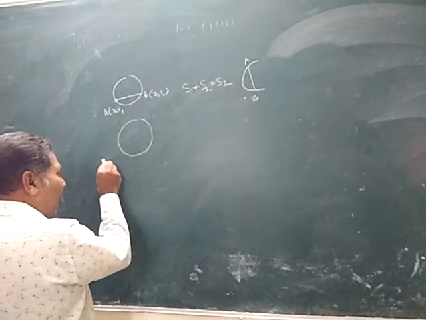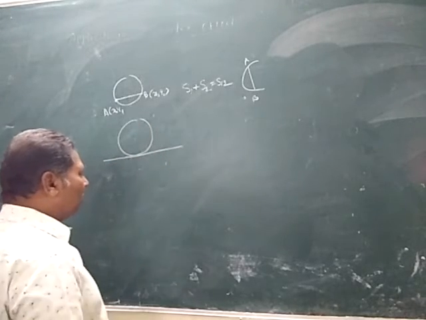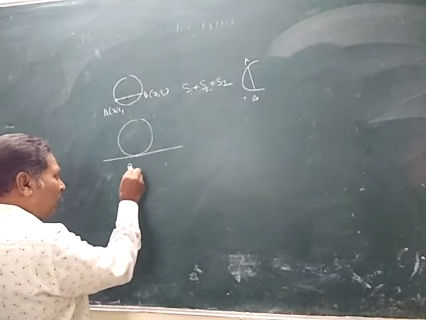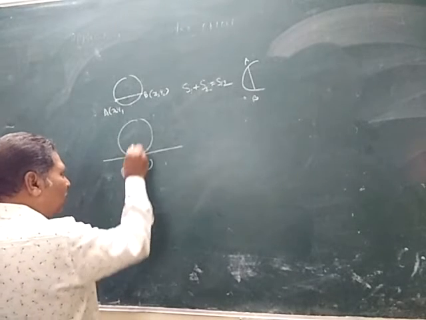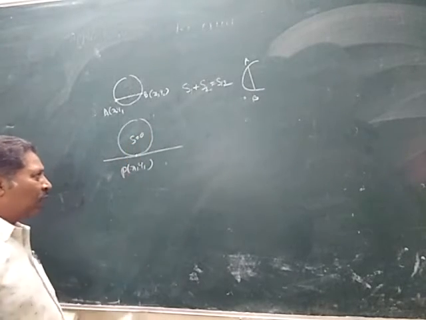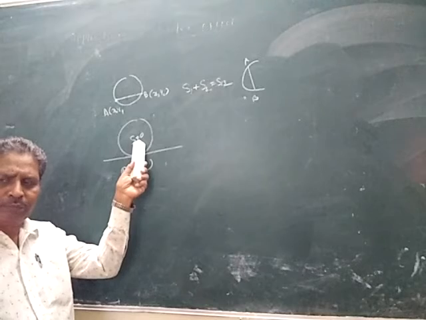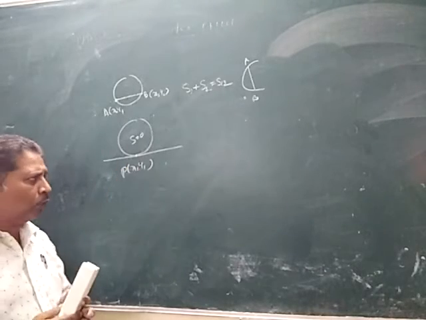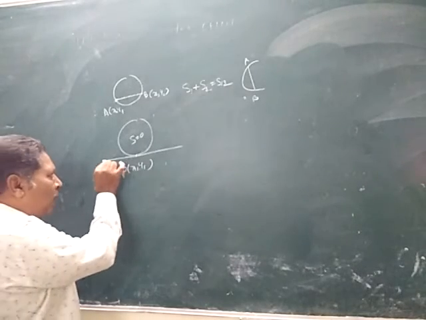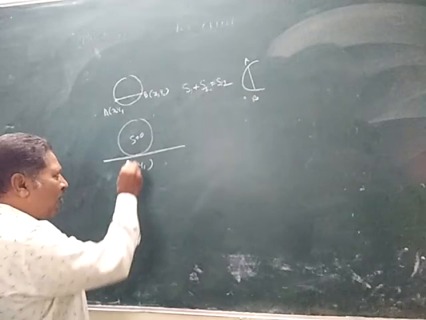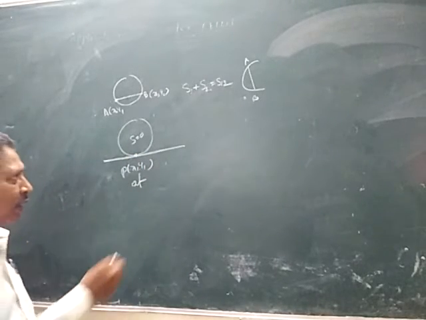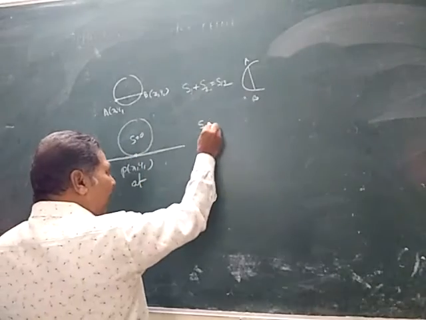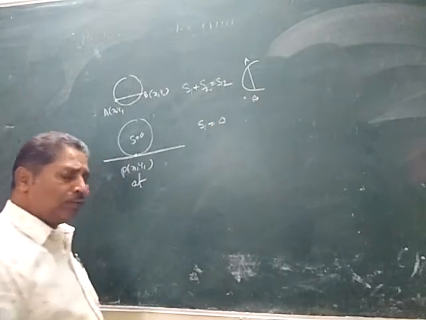Equation of the tangent at x1 y1. This is the given circle S equal to 0. Equation of the tangent at the point is S1 equal to 0.